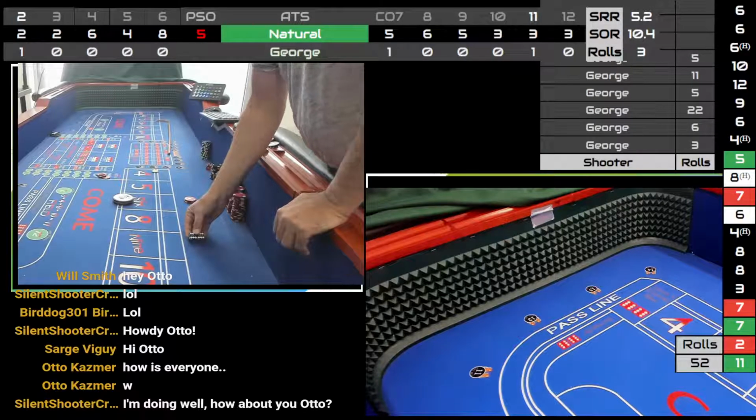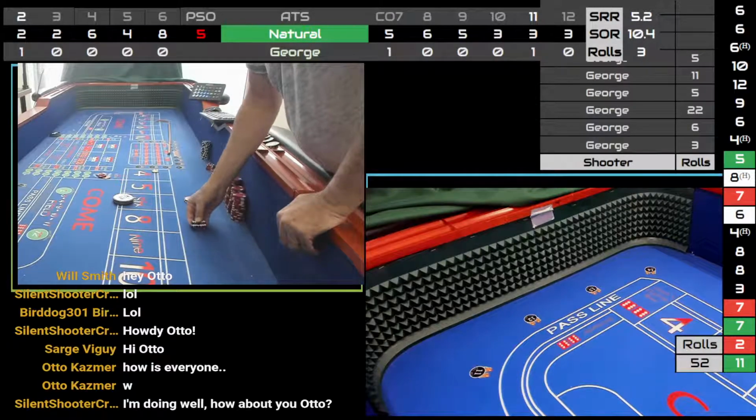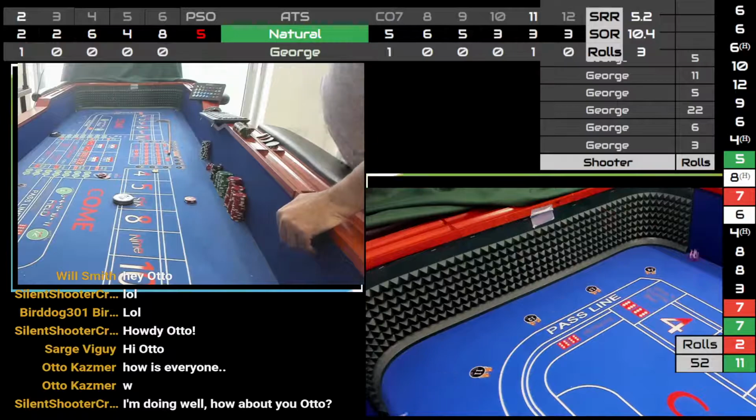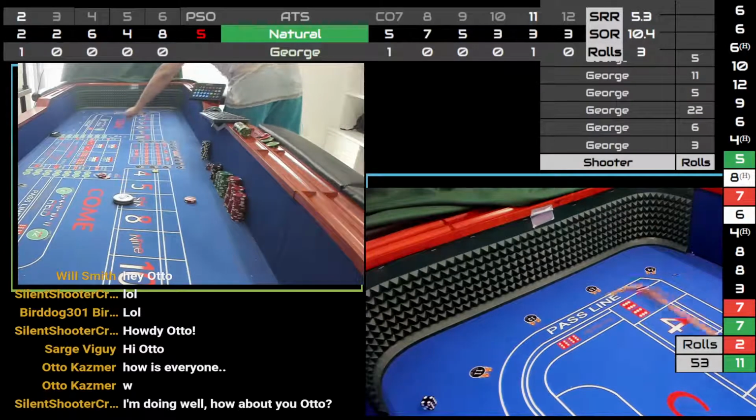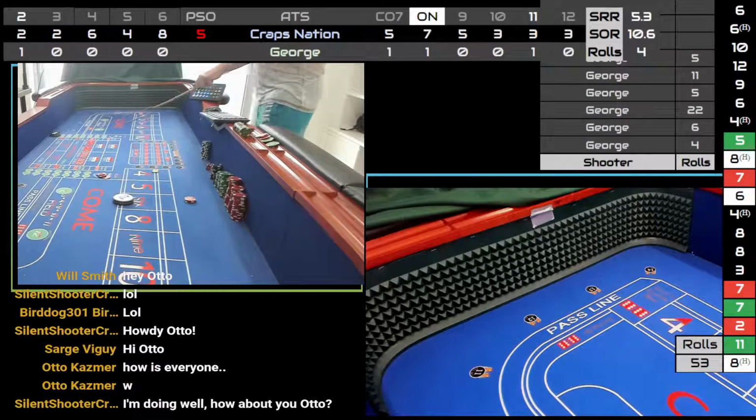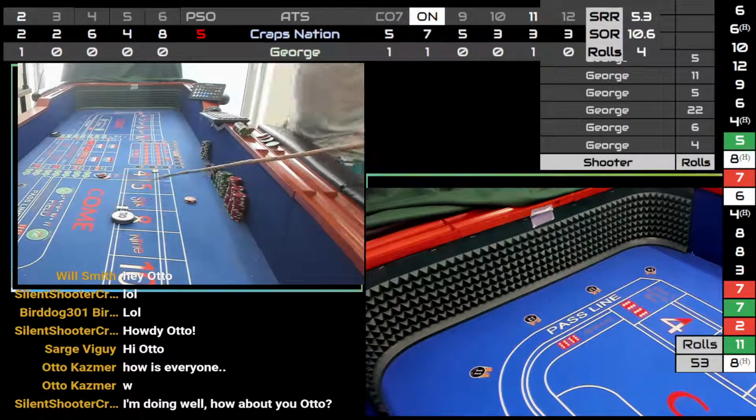Let's make sure we don't double pitch. Target. That was a drift, and that's the point.